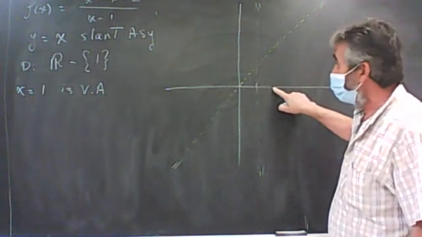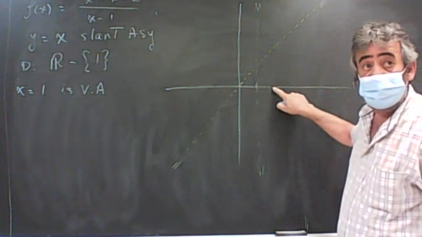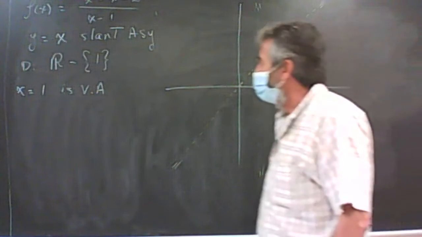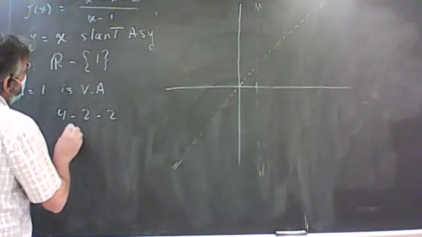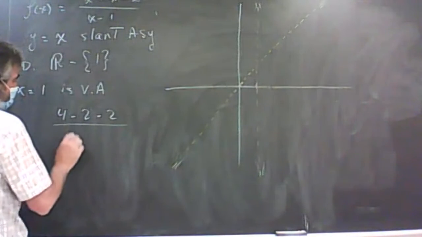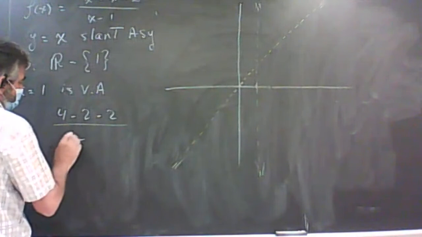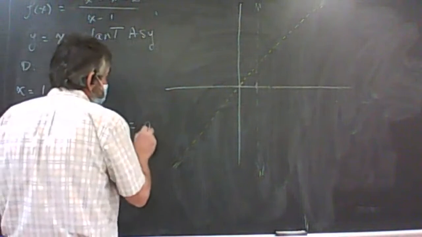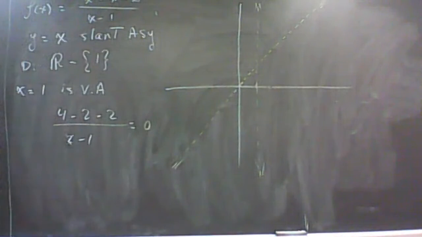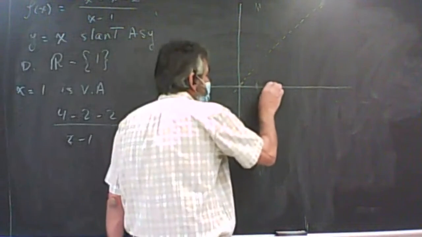For x equals, say, 2: 4 minus 2 minus 2 divided by 2 minus 1. And that should give me a 0. So this is where I landed.